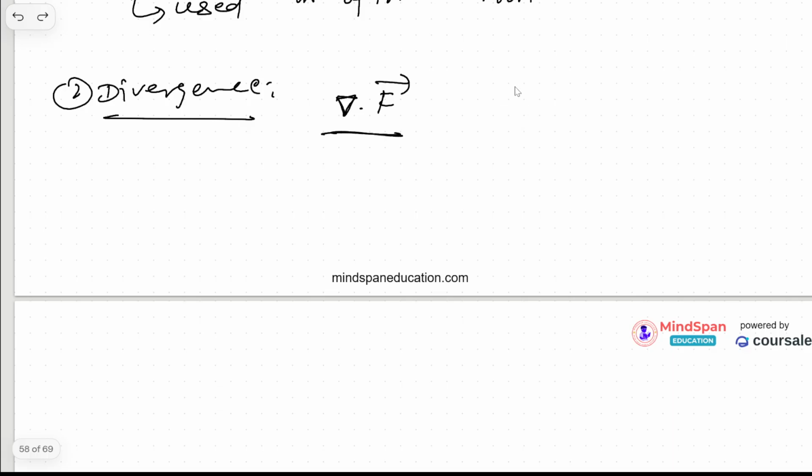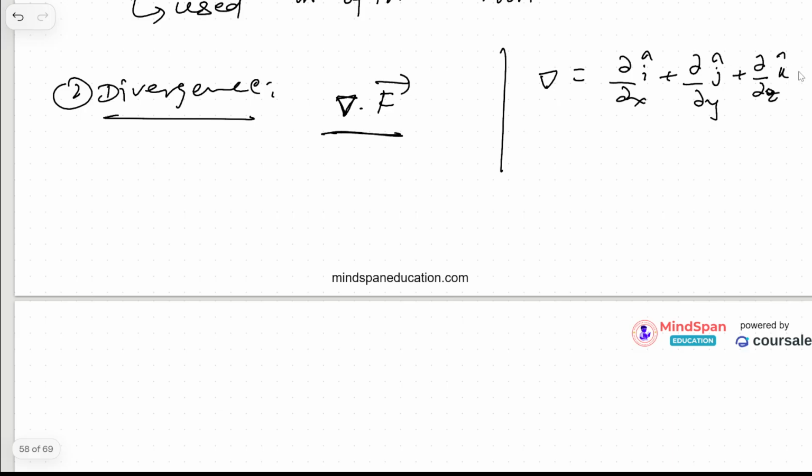Let me define this del first so that you don't get confused. Del is del by del x i cap plus del by del y j cap plus del by del z k cap, in different directions.